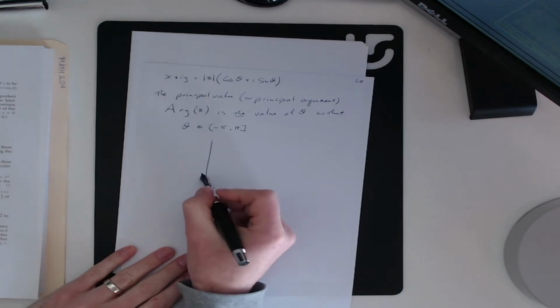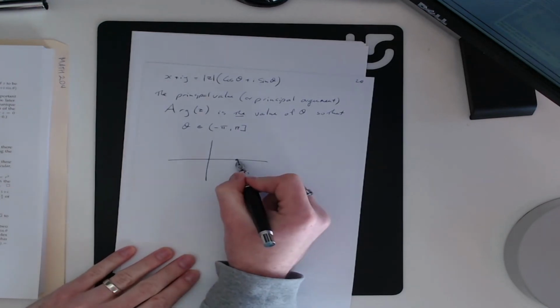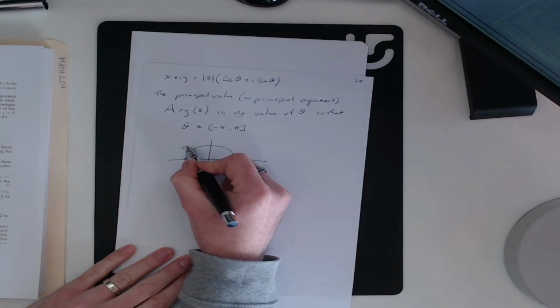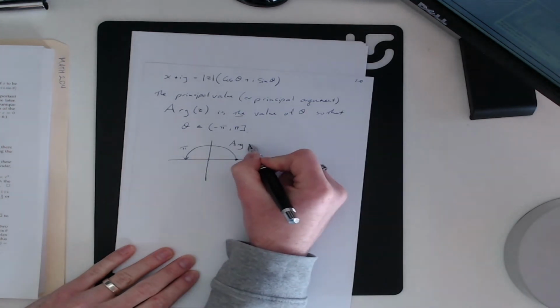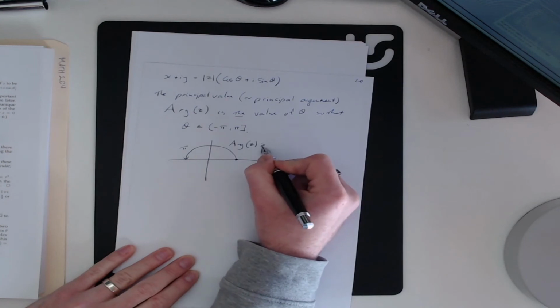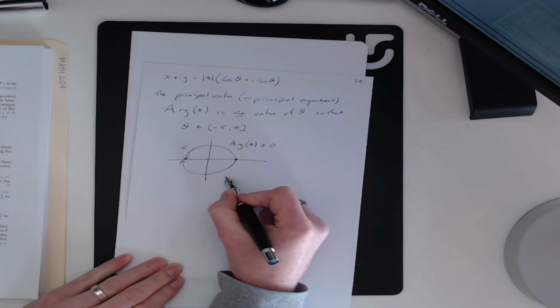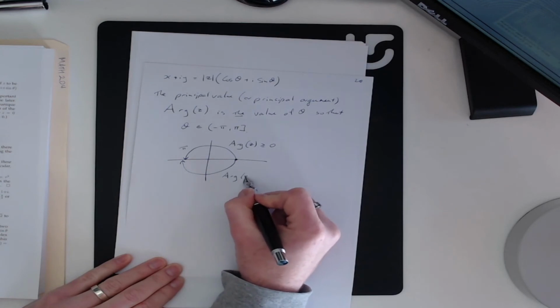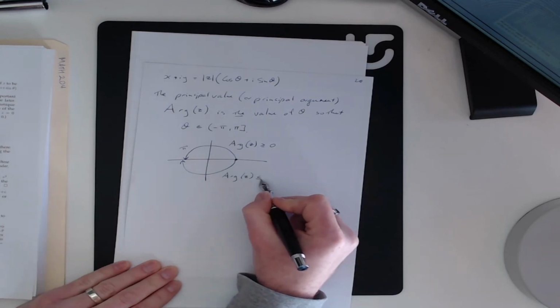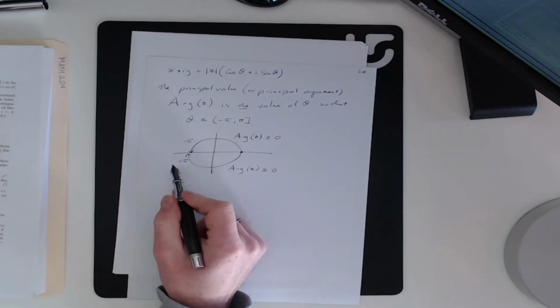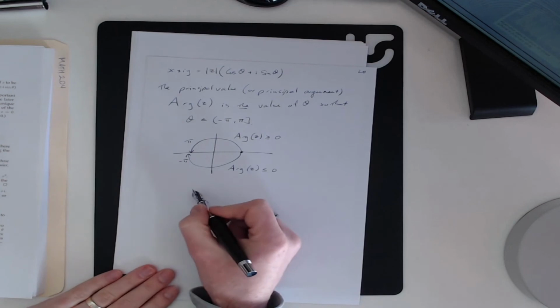So, little diagram in the notes. 0. Right, the principal value of z is greater than or equal to 0, and the principal value of z is less than or equal to minus pi. In the book, they left the minus sign out from the diagram, so that's a mistake.